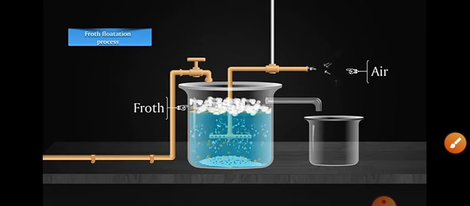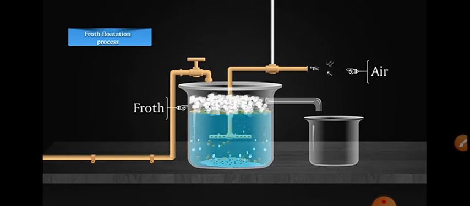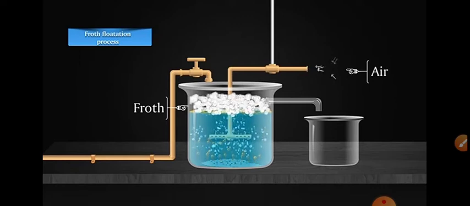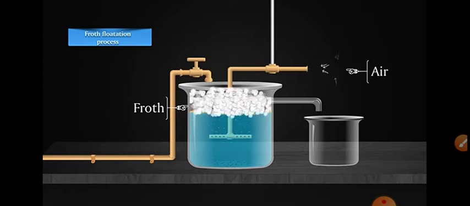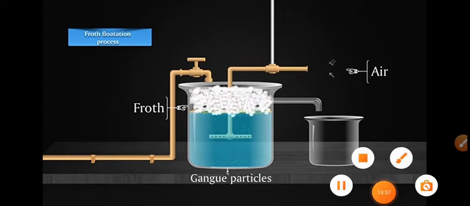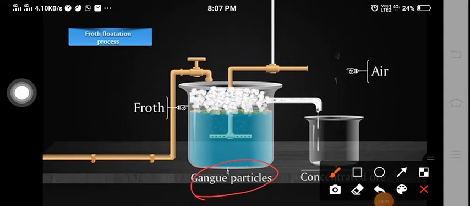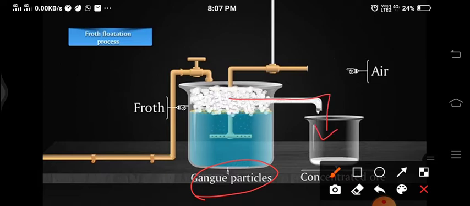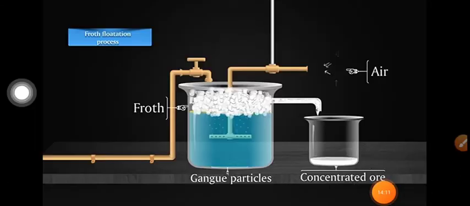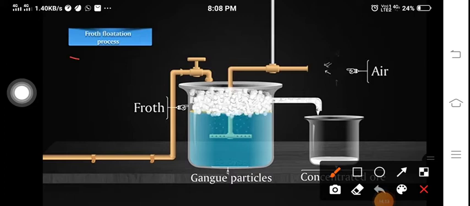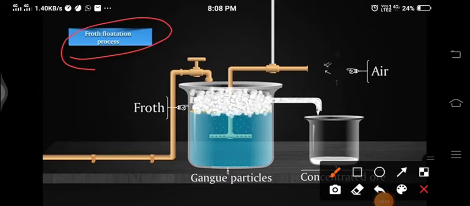Now the froth is forming because of the pressurized air. So here is the separation of froth and gangue particles. Whatever froth is coming out with the help of this pipe, this is concentrated ore. This is the froth flotation process.